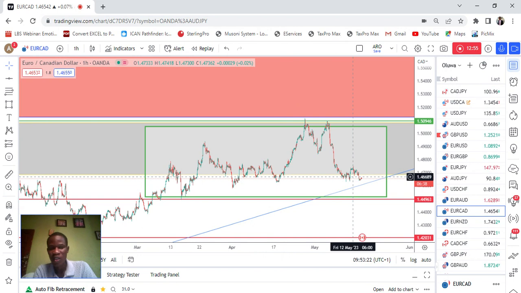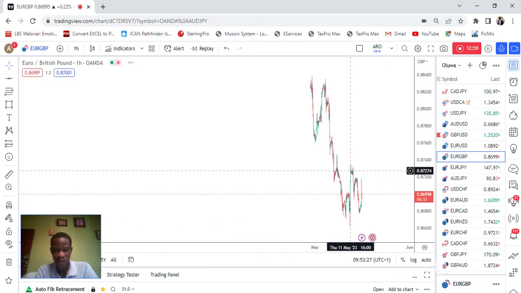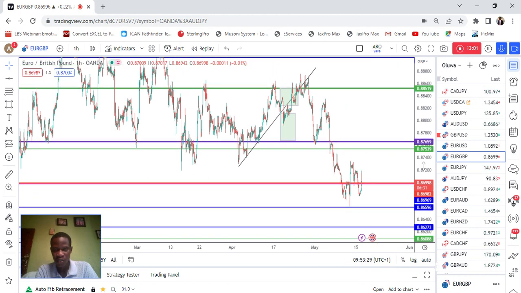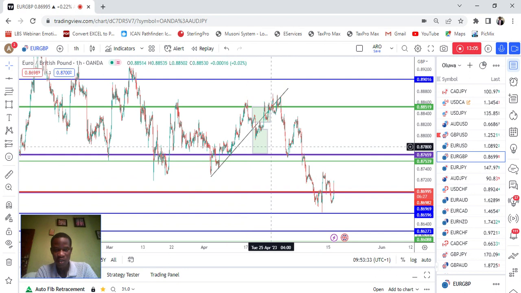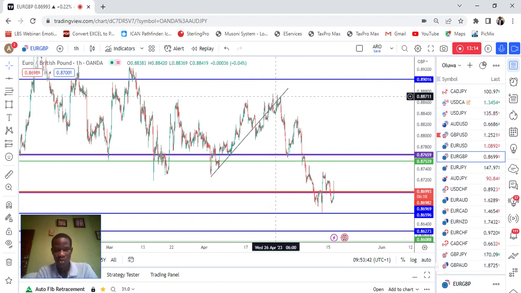So let's check another pair to buttress more on our point. This is another pair. We are on the 1 hour time frame. You can determine market structure from any time frame that you choose.